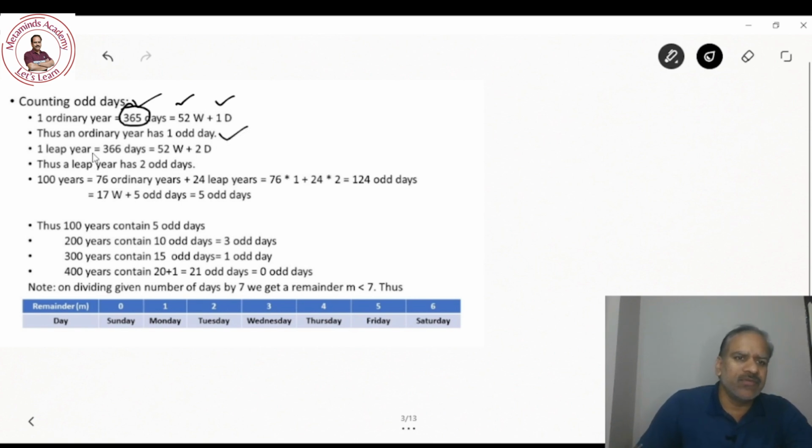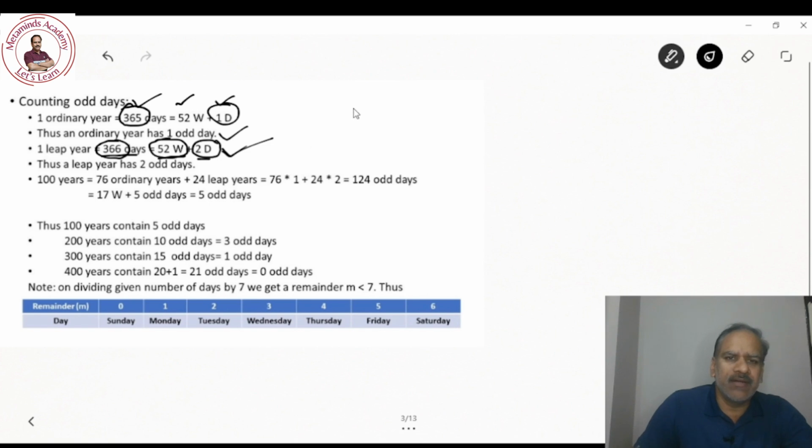And a leap year has 366 days, which is 52 weeks plus 2 odd days. When you divide 366 by 7, you will get 52 weeks and you will remain with 2 days, which is the number of odd days. So an ordinary year has 1 odd day, a leap year has 2 odd days. Okay.